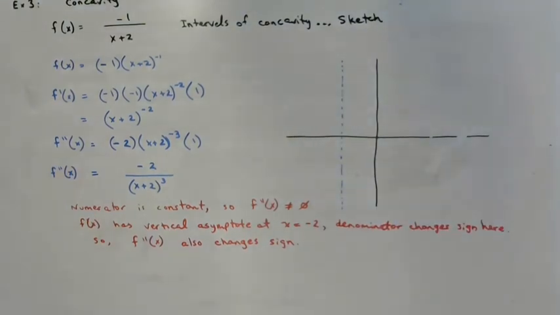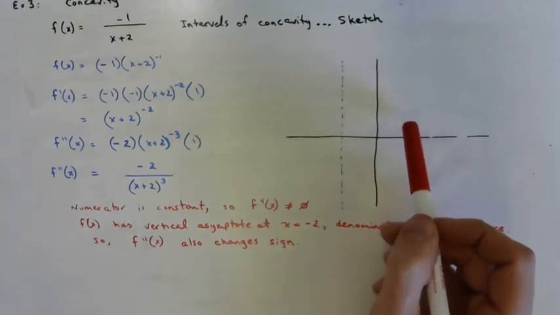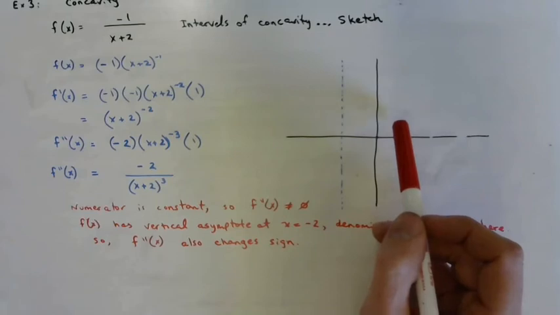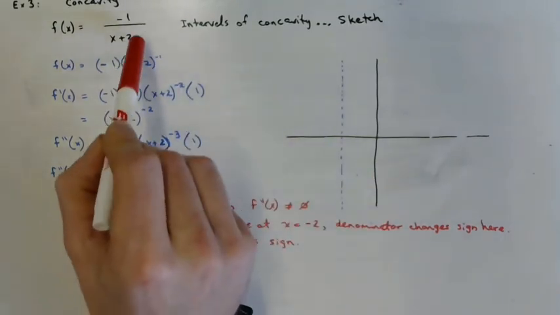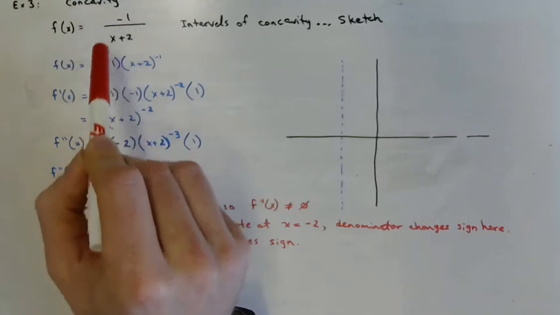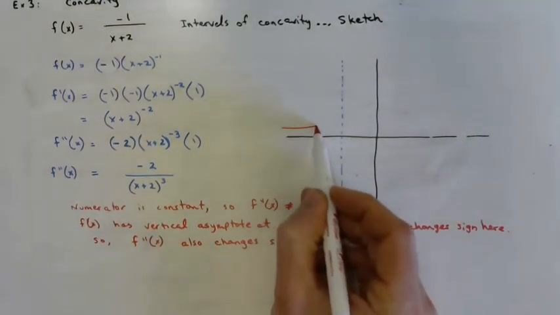It's a rational function. To the right of x equals -2, the denominator is positive. So the value of the function is negative because our numerator is a negative constant, which means that this leg is out here.